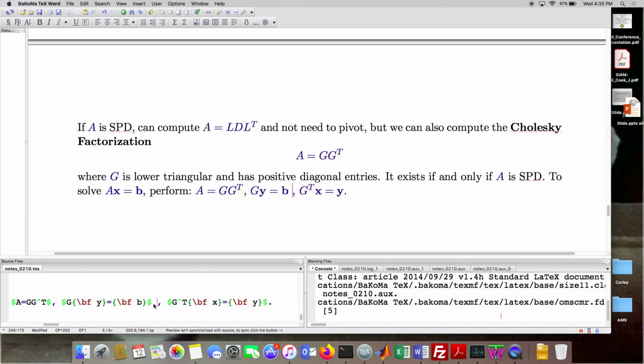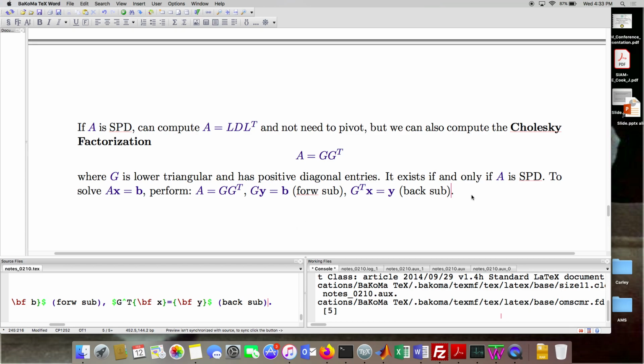Gy equals b is forward substitution, because G is lower triangular, and then G transpose x equals y is back substitution, because G transpose is upper triangular.